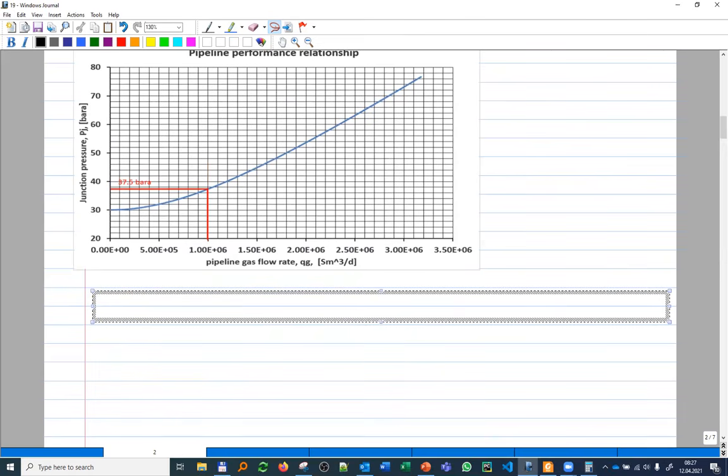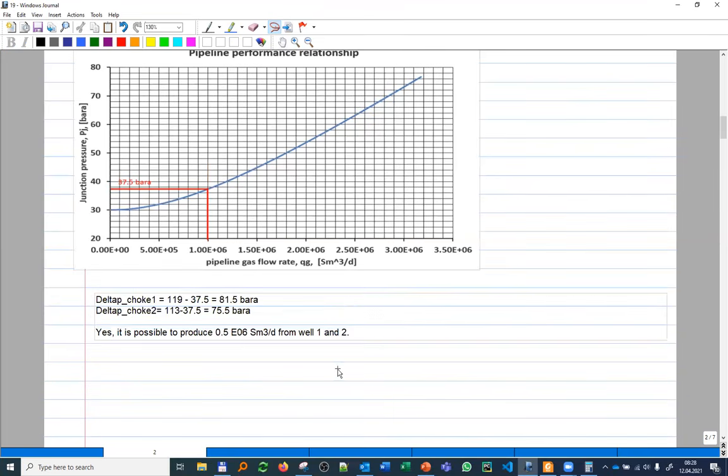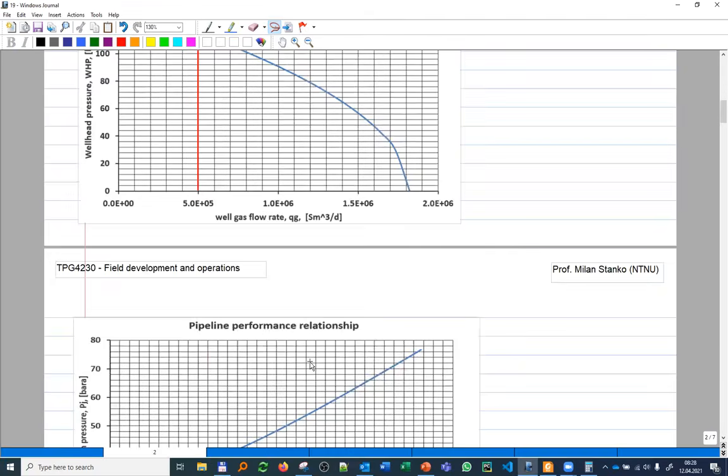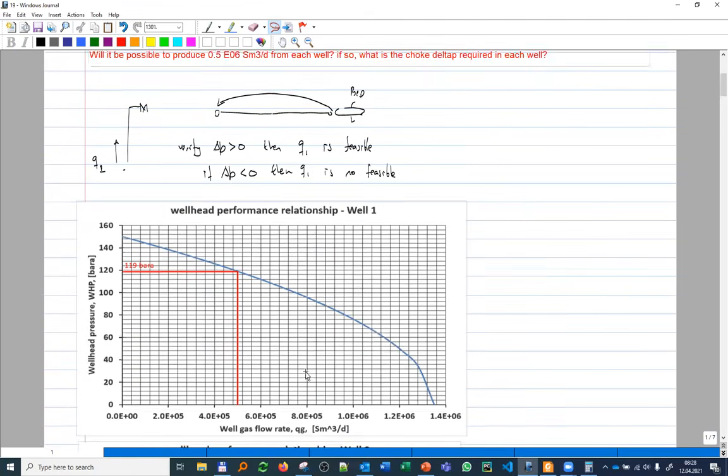And we found the delta P of the chokes. You might also find some case in between.